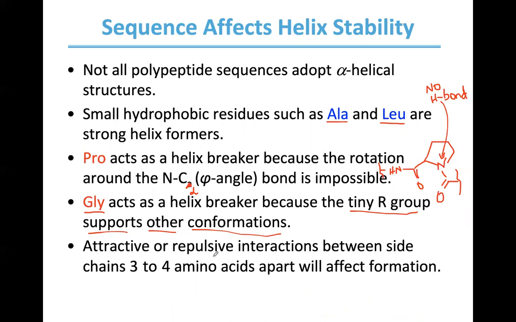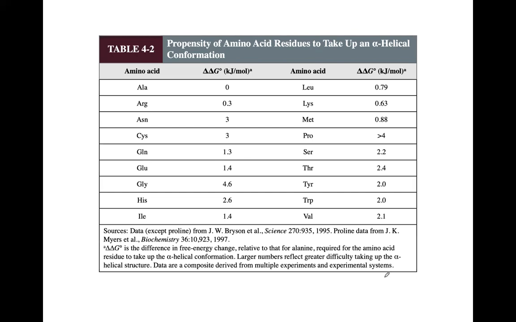And we just talked about attractive and repulsive interactions between amino acids 3 to 4 apart that will affect the formation. You can see here, now I don't want you to memorize these numbers, but these are the energy gains. Alanine is considered the best to form the alpha helix. Arginine is very close, but that again depends on what's in the N+4 position.